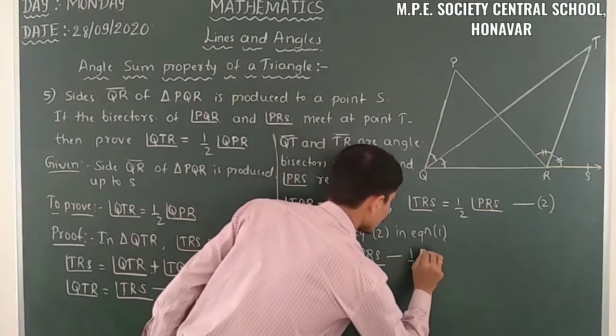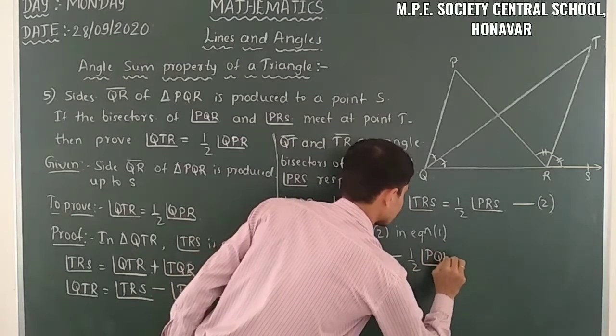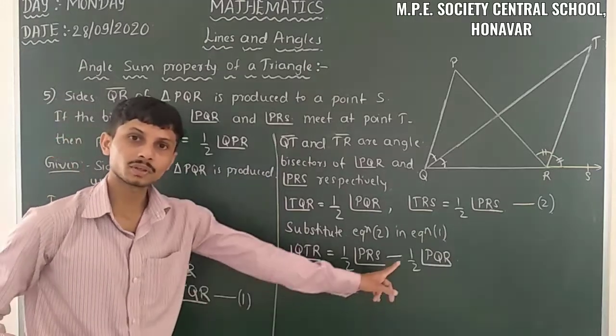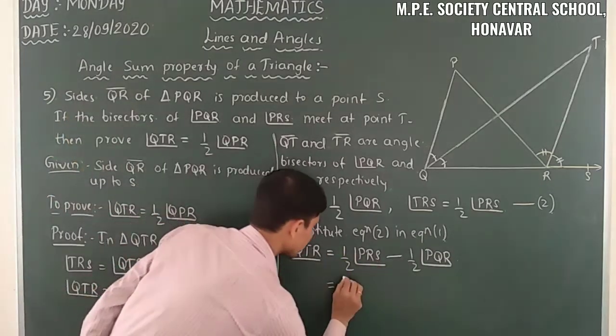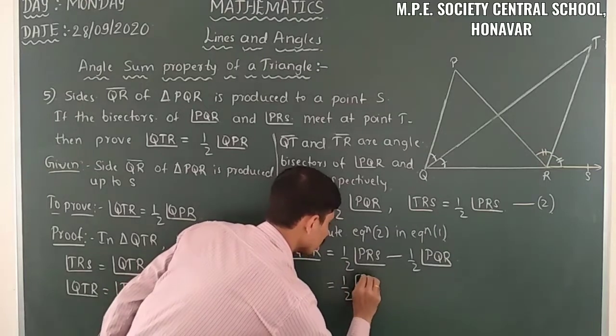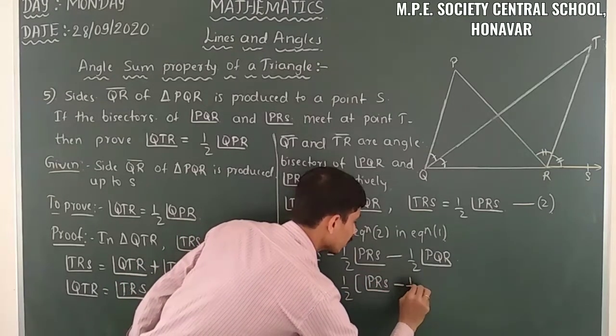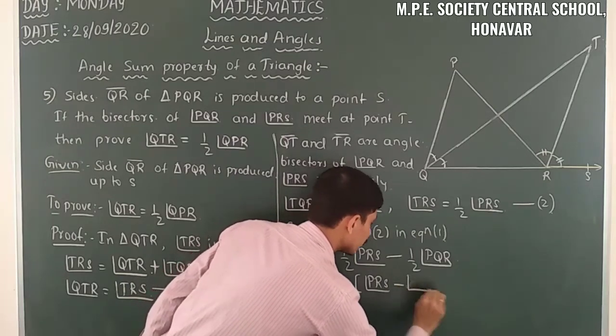I will take 1/2 as common to both and put it outside. What remains is angle PRS minus angle PQR.